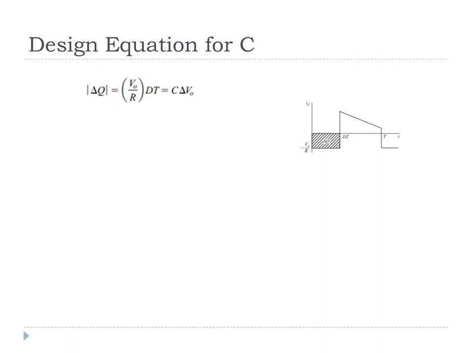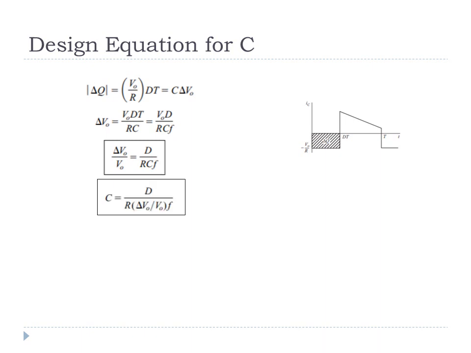So finding the mod of delta Q, which is V naught upon R into dT, that is the area, which can also be written as C into delta V naught. We can find delta V naught equals V naught dT upon R into C, where 1 upon T is written as the switching frequency, and delta V upon V, which is the percentage ripple factor, equals D upon RCf. Also, C equals D upon R, percentage ripple factor, into the switching frequency.